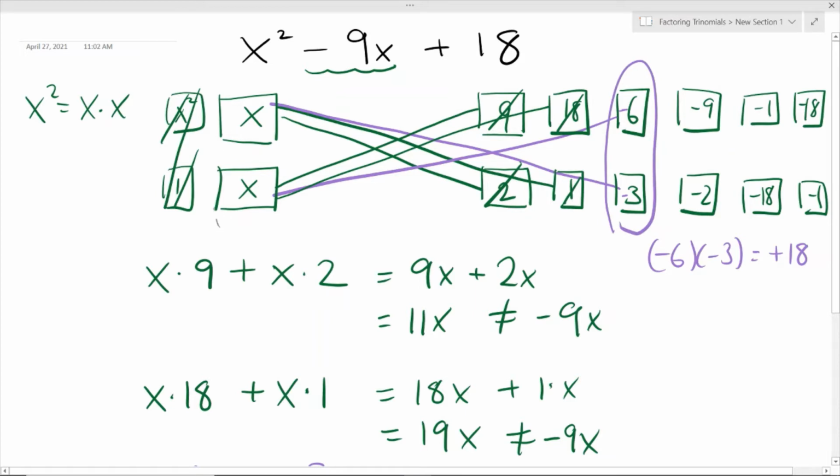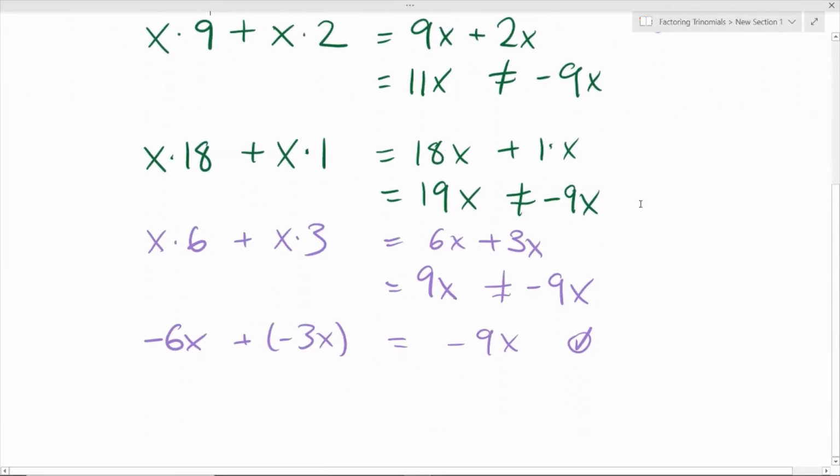And this right here. Right, so we're going to basically see that x minus 6 is going to be our first factor and x minus 3 is going to be our second factor. So if we factor it, x minus 6, right, is our first factor, x minus 3 is our second factor, right?